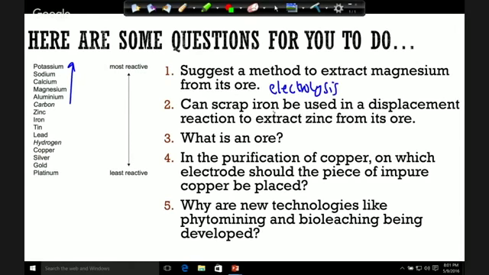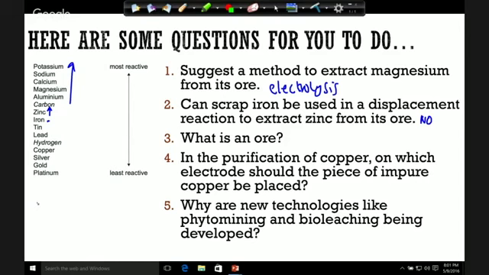Question 2, can scrap iron be used in a displacement reaction to extract zinc from its ore? Now zinc is more reactive than iron. Therefore, can scrap iron be used to displace zinc? No, it can't, because iron has to be more reactive than the thing it's displacing.